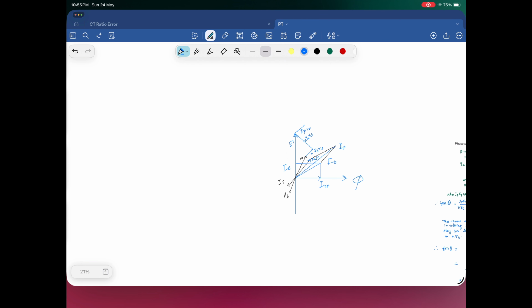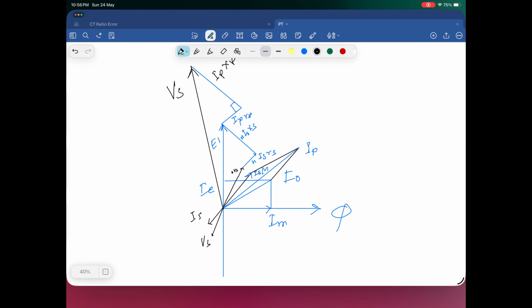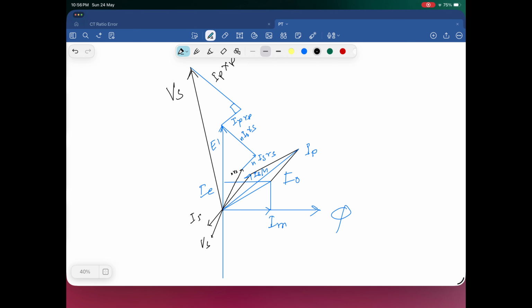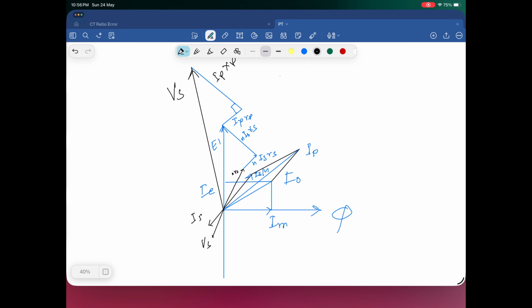So when you express the Vs in the primary side, that time it will be NVS. So the drop is NISRS. After that NISXS, it will be E, then IPRP, then IPXP. So this is the Vs. Then we extend the NVS.